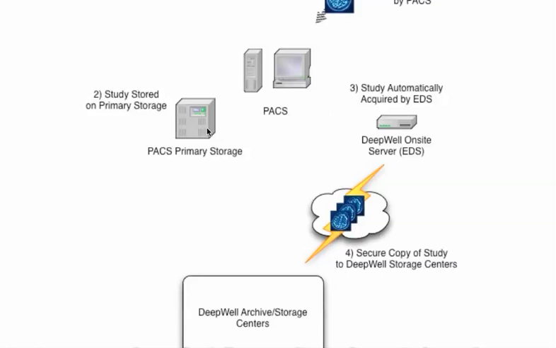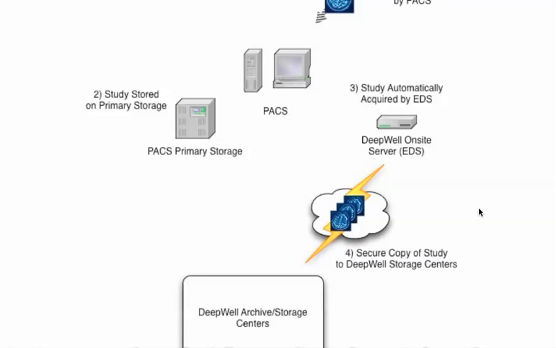Now, typically you're going to have to replicate all this primary and archive storage, and we'll get into that a little bit later. From the perspective of an end user imaging organization trying to implement a disaster recovery and business continuance scenario, it can be a very difficult task.